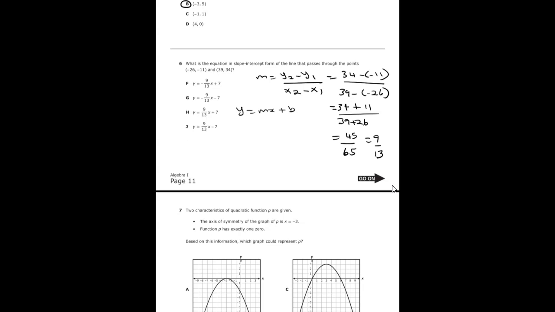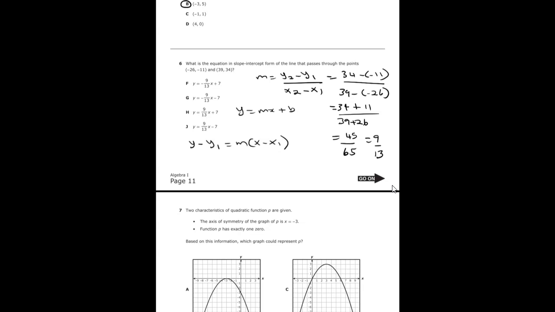Let's start with y minus y1 equal to m times x minus x1. We can choose any one of the points. I'll select (-26, -11) as the point I use.